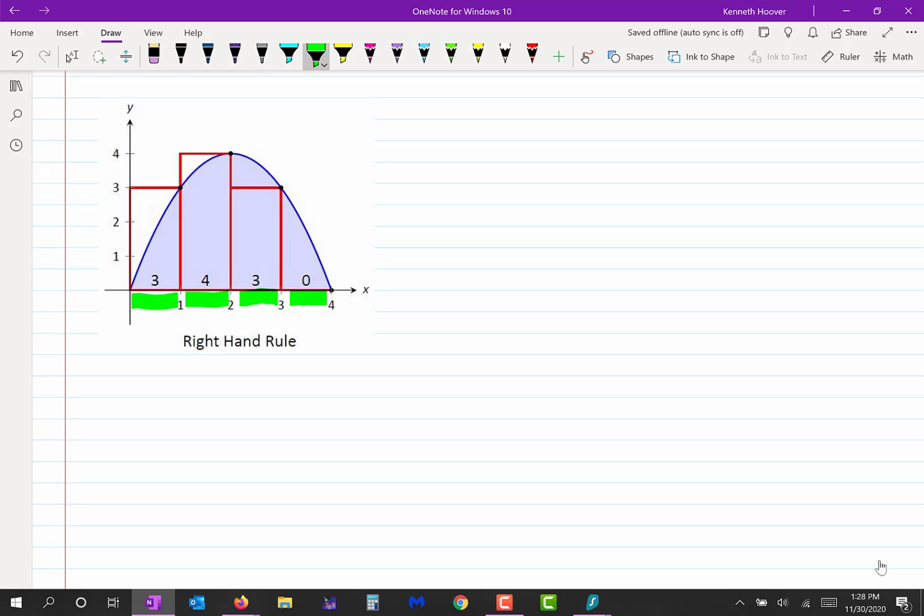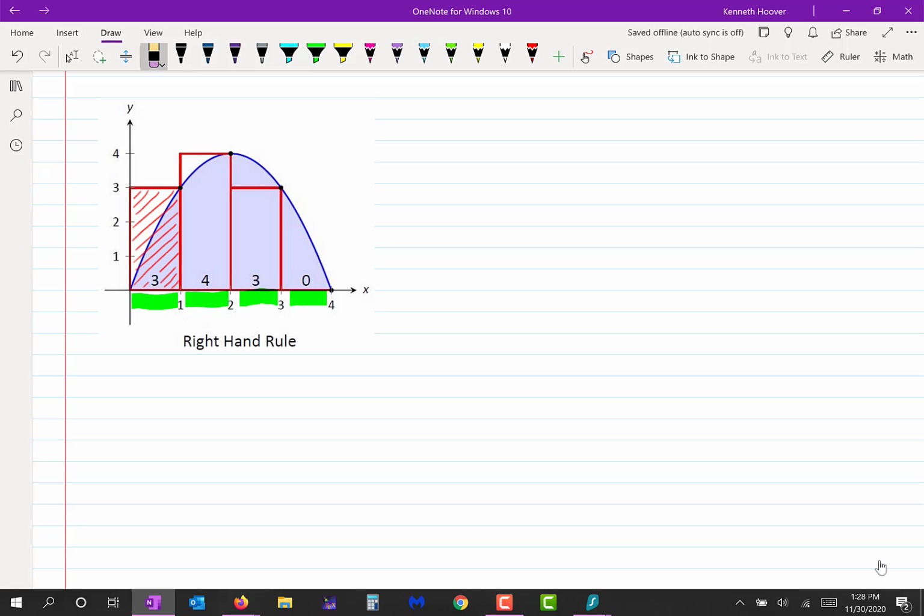Okay, we can estimate the blue area using rectangles. It's not a very good estimate, but nonetheless, we can estimate it. Okay, look at this rectangle right here. What they've done is they've made a rectangle whose height is the height of the function at the right-hand side of the rectangle.